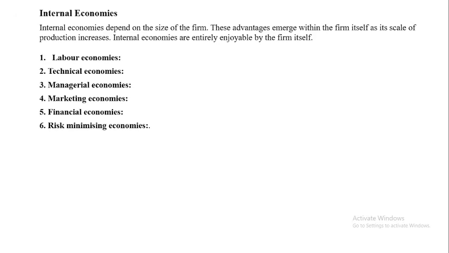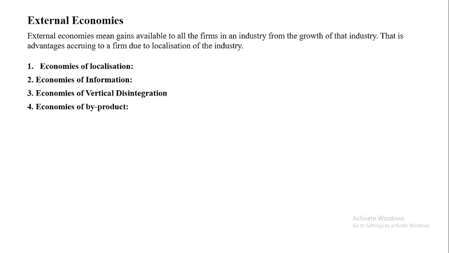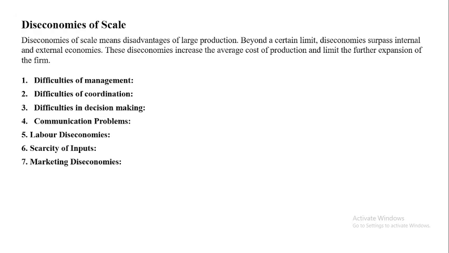But when production goes beyond a certain level, what happens? There will be some disadvantages also. These disadvantages of large scale production are called diseconomies of scale. So diseconomies of scale means disadvantages of large scale production.